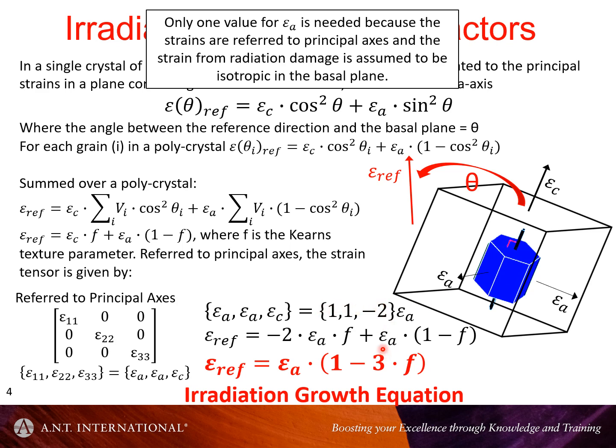And then we have the a expansion, and the a expansion times 1 minus F gives you the contribution into the reference direction. And when you boil it all down, the strain in the reference direction is equal to the a-axis strain, which would be what you would get from irradiation growth of a single crystal in the a-axis, times 1 minus 3F.